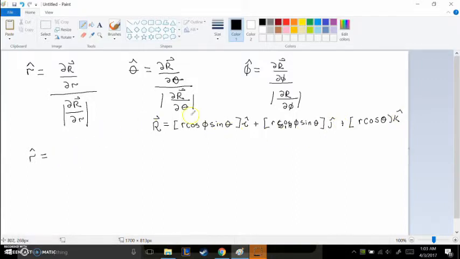Now we have to take this with respect to r, so it's going to be cosine phi sine theta, because these are constants.